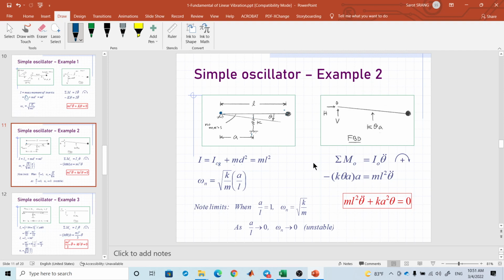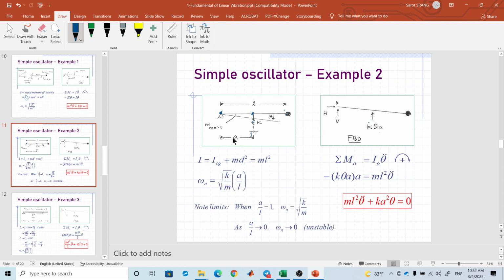So you derive the equation using Newton's second law. The external torque imposed on this oscillator is k times the displacement here. Because it's small, you can reduce the displacement to the angle times the radius from here to here.